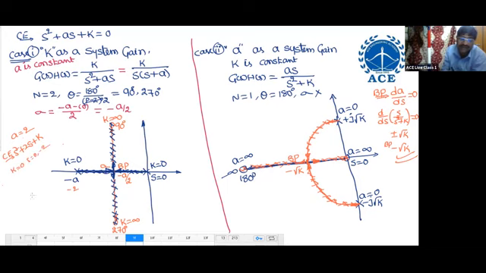Next K equal to 1: S square plus 2S plus 1, S plus 1 whole square, the pole is minus 1. Still increasing, complex conjugate. Before asking a doubt, you should put the pen on paper and check whether you are able to get it or not.